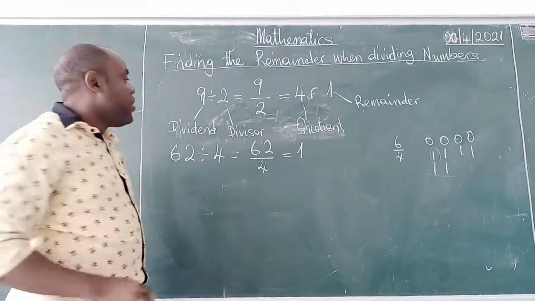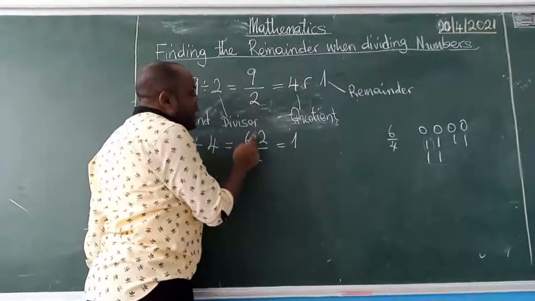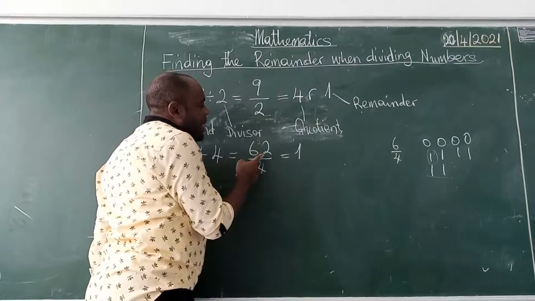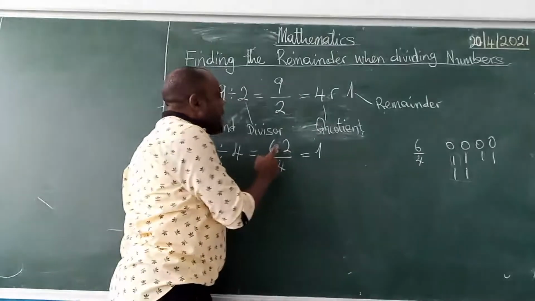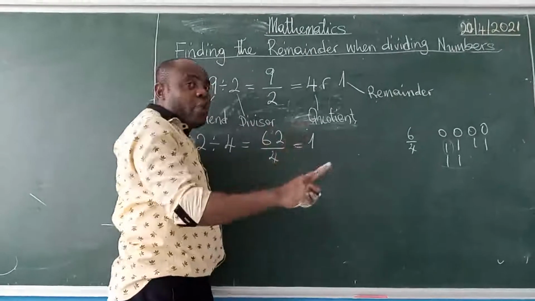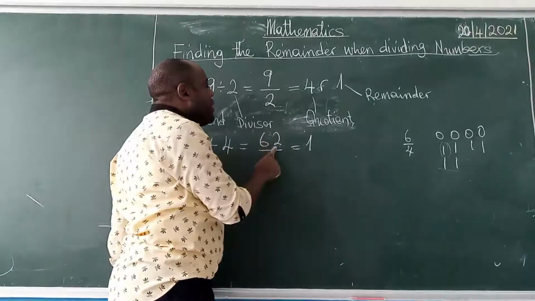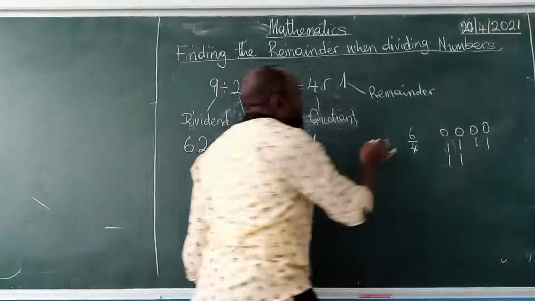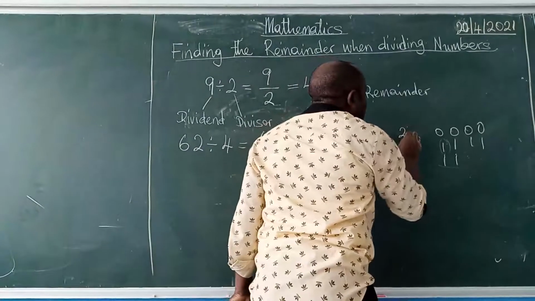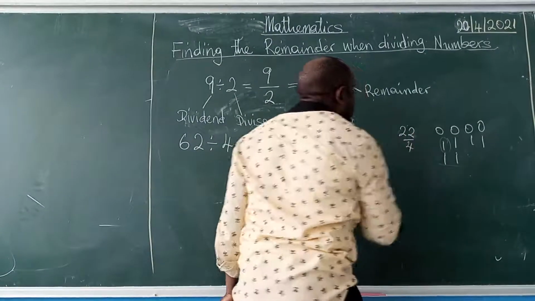So if we attach the 2 here in front of this 2, this number becomes 22. Now we don't write it, but we assume that 2 is in front of the 2. So the number becomes 22. We shall now have 22 divided by 4.